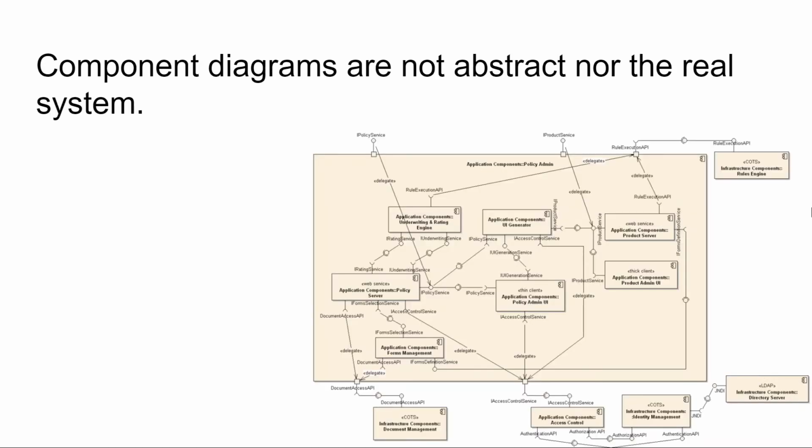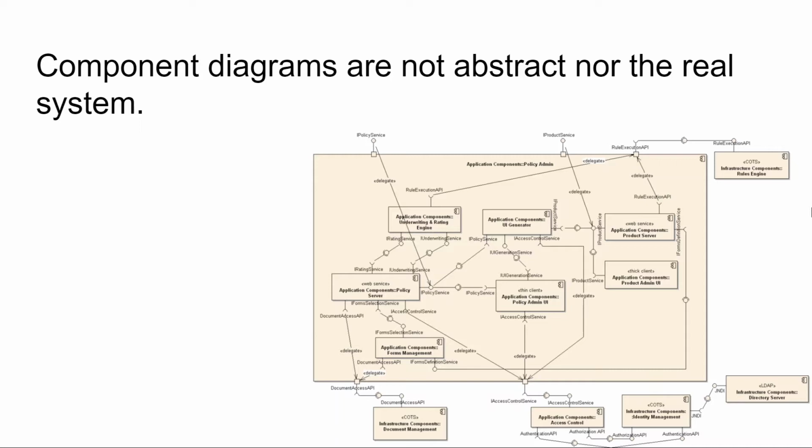One problem component diagrams have is that for some tasks they're not really abstract enough, and for others they're too abstract. They're too detailed or technical for use in big meetings or with people who are not that technical, or in general it's not good for showing a big overview of how the system works or how some part of the system works, because there's a lot of detail there that you really don't need for that.